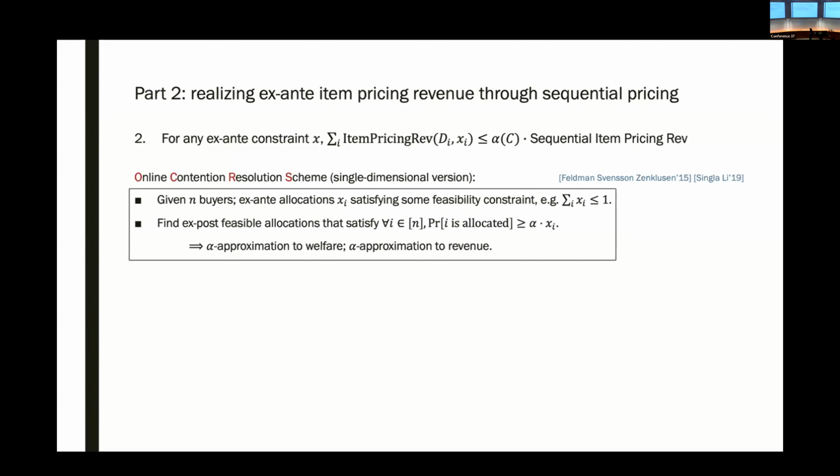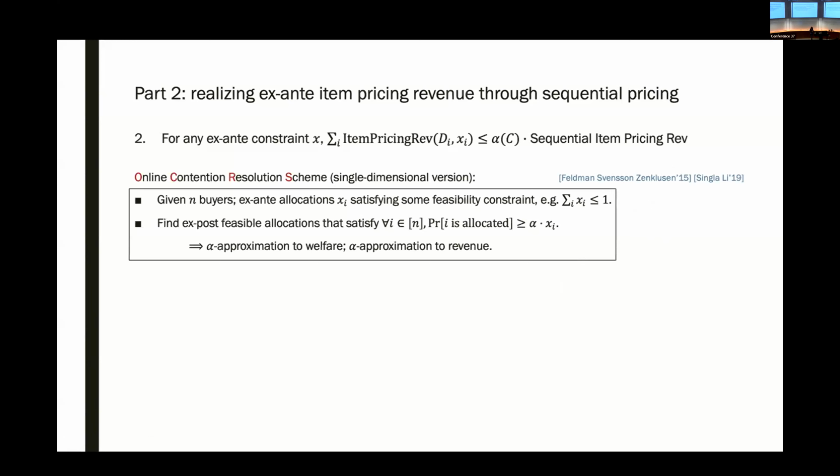So let's suppose that we just have a single item to sell, and we again have n buyers, and now we're given these ex-ante allocation probabilities, xi, and they sum up to 1 because we only have a single item to sell. And so the ex-ante optimum sells to buyer i with probability xi, okay?